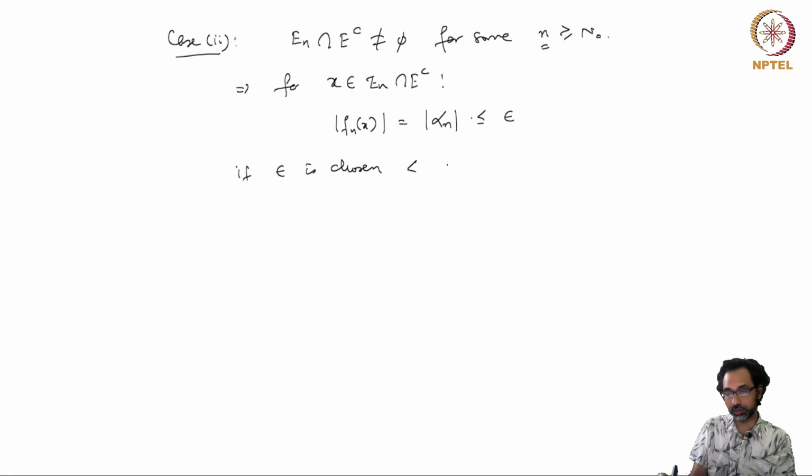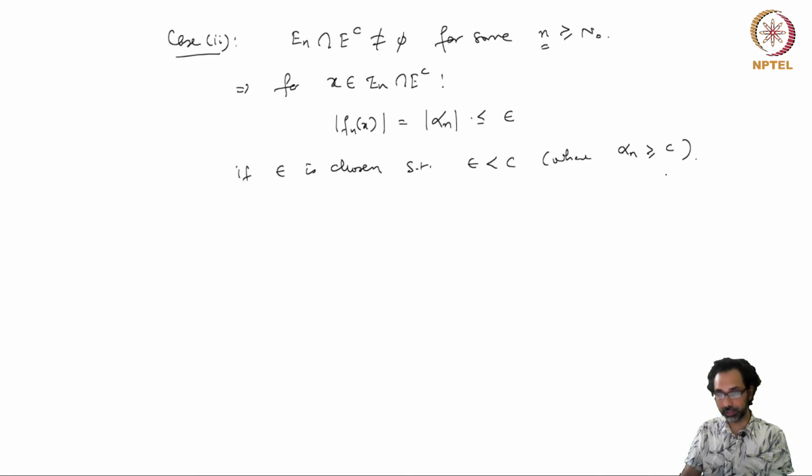But if epsilon is chosen such that epsilon is less than c, where c was the lower bound for these alpha n's, then this is a contradiction.